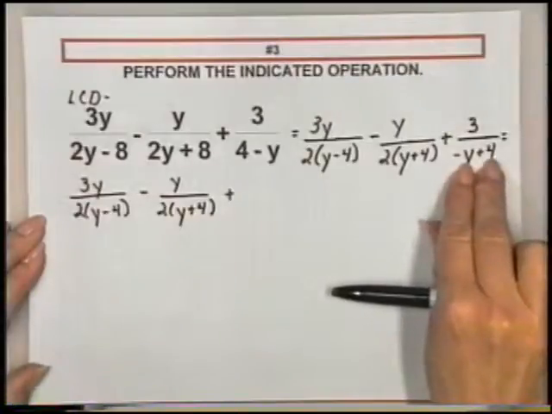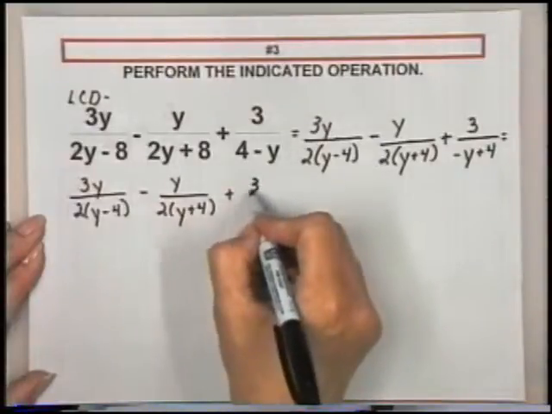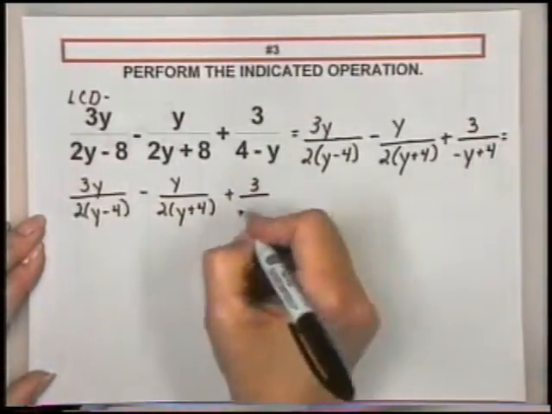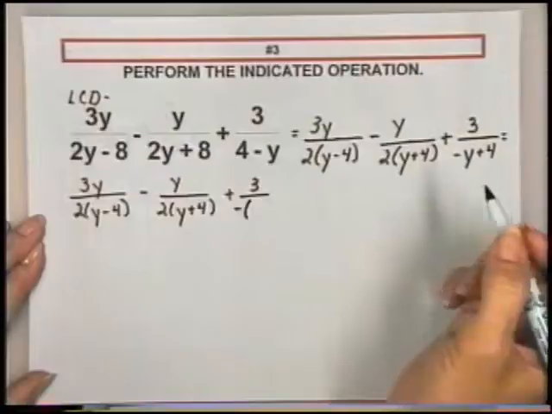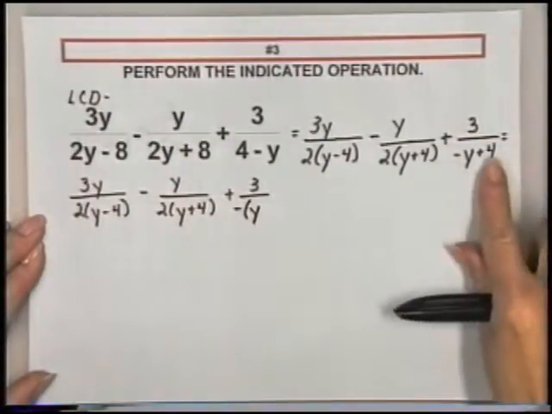And what I want to do with this opposite factor is to common factor a negative out of each term. If you want to, you may think that you are factoring a negative 1 out of each term. When I factor a negative out of a negative y, I am left with y.